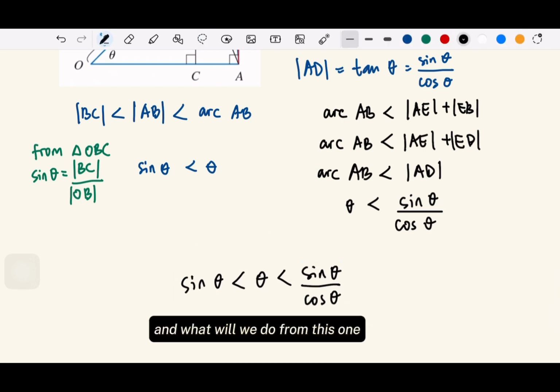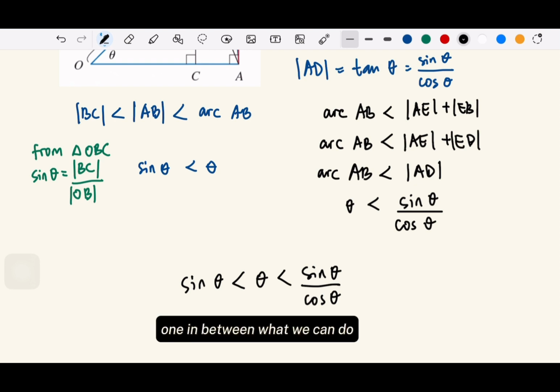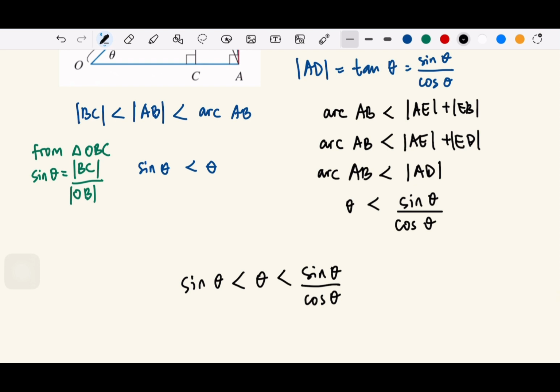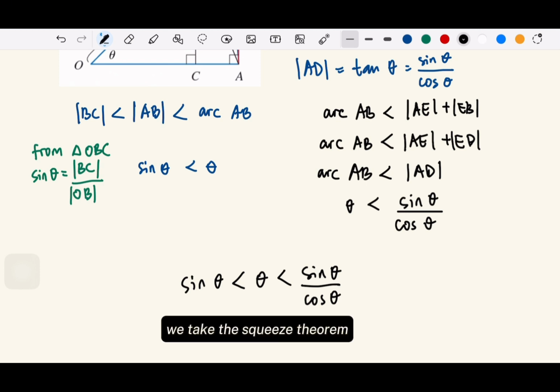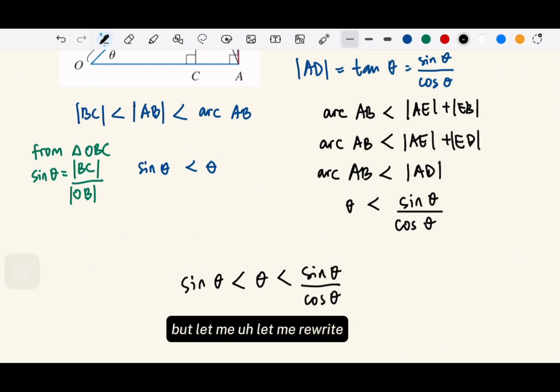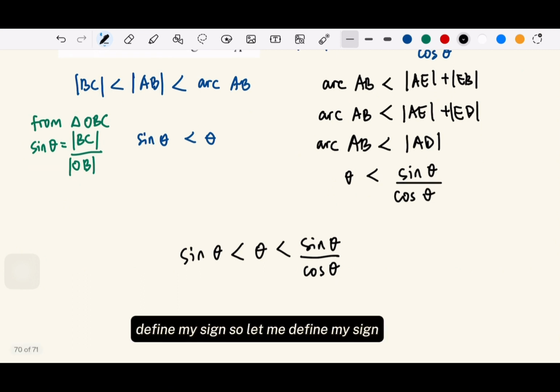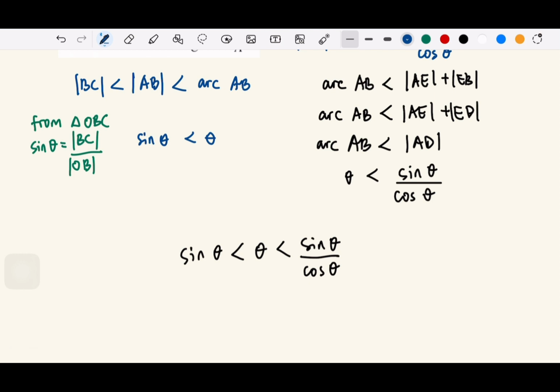And what will we do from this one? Three functions, one in between. What can we do? Take the squeeze theorem. Let me divide by sine theta.